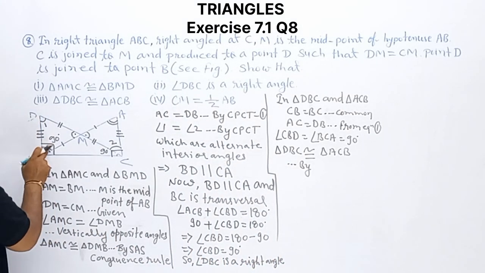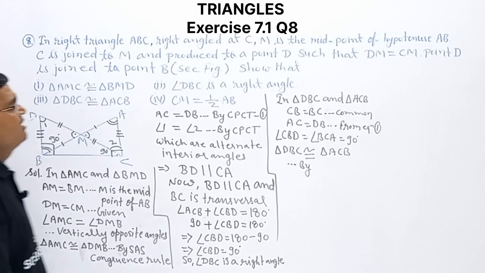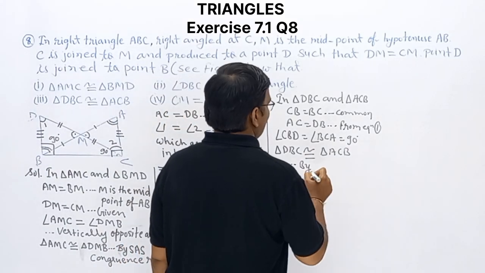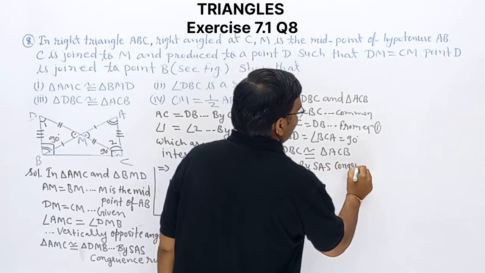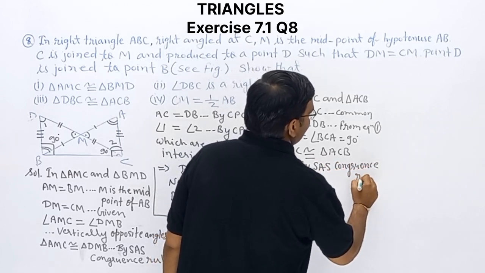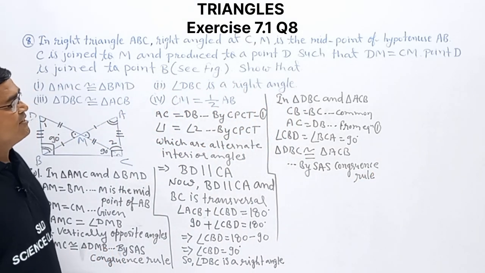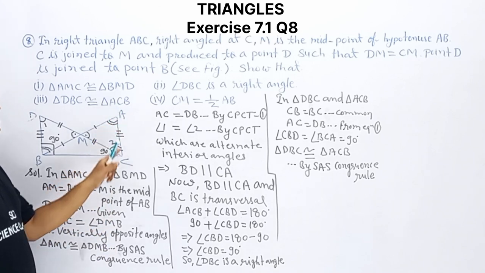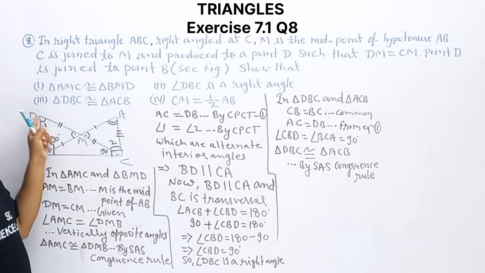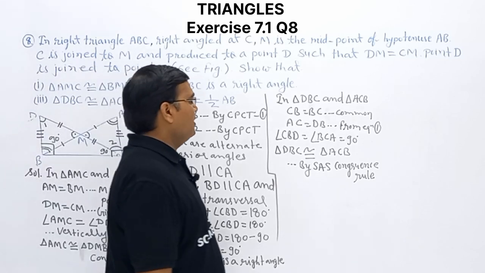Side angle side. From the side angle side congruence rule, triangle ACB is congruent to triangle DBC. Both triangles are congruent.